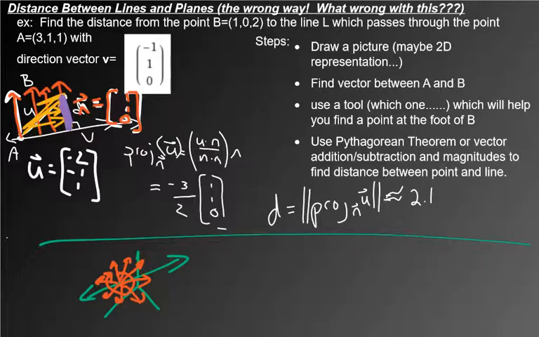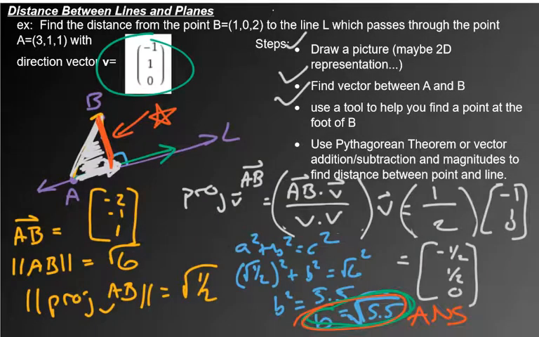It's a huge assumption to assume that you just picked the right normal vector that is in line with this. You can't just assume that red vector perfectly comes up here. In theory, you could maybe find it, but it's not likely that you would find it. So you really have to do it this way. You have to do a projection down onto the line, and then do Pythagorean theorem.